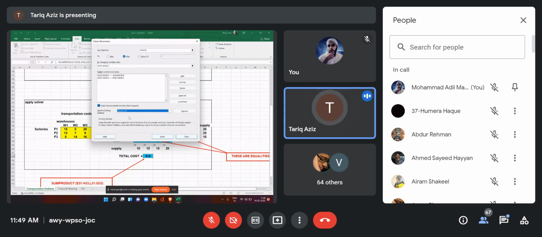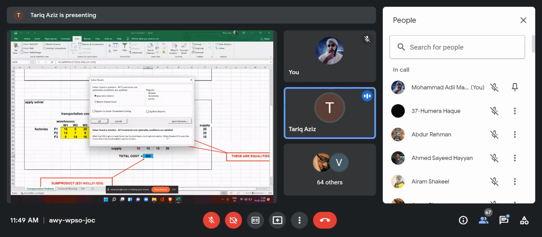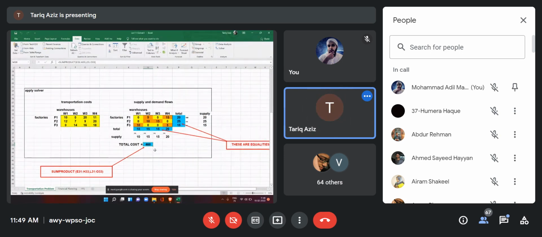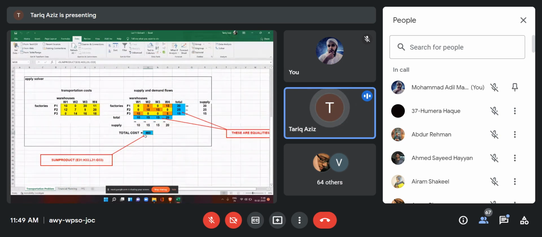Let it be just like that and click on solve. Once you click on solve, it will find a solution. It is saying that Solver found a solution, all constraints and optimality conditions are satisfied. After you press OK, the total cost has now been minimized, which is 460.